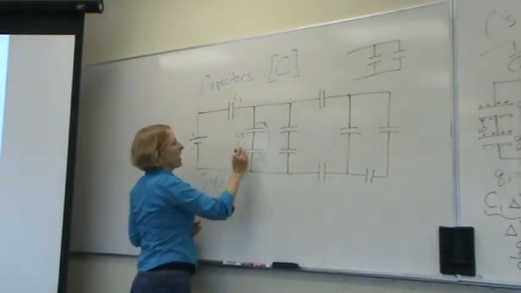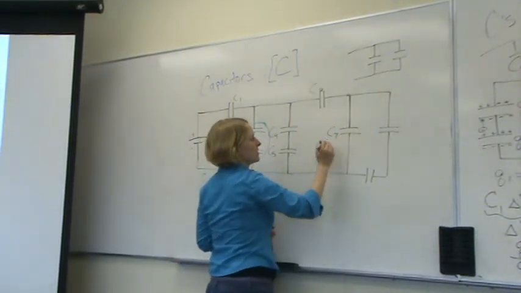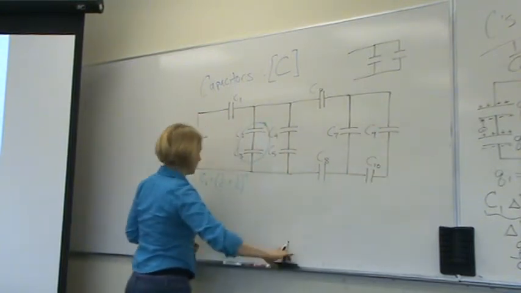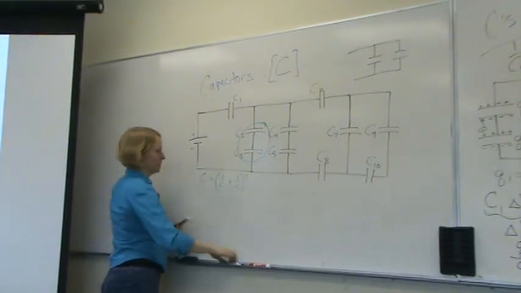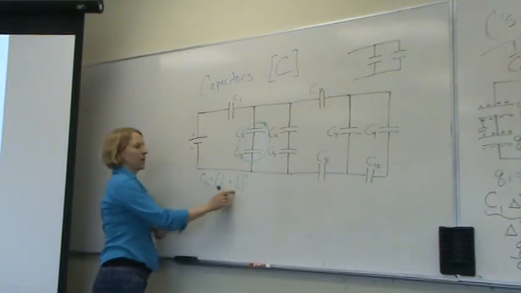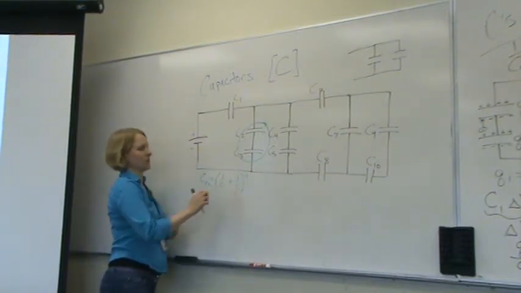So they all have the same value: C4, C5, C6, C7, C8, C9, and C10. I'll call this guy C23. To remember that these have the same C value, I'll drop the subscripts in our calculation.